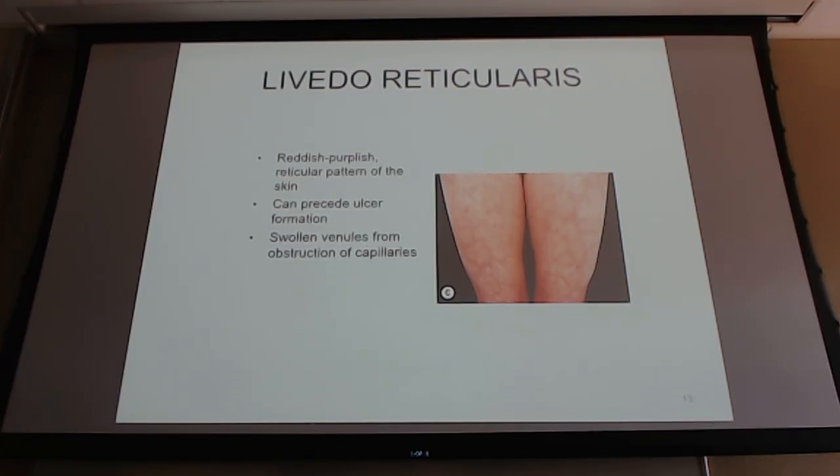It's polygonal, like it looks like that pattern that is out there. So that's that reticular pattern. It can precede ulcer formation, swollen venules from obstruction of the capillaries. So that's a picture of it. See it over there? Looks like that's at the bottom of the legs, huh? So it's down there: tib, fib, ankles.